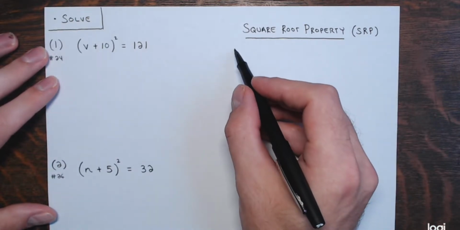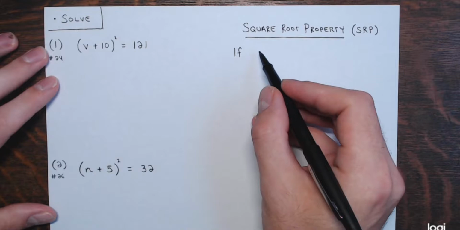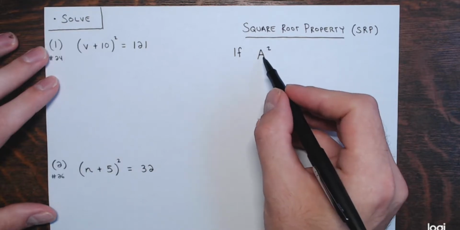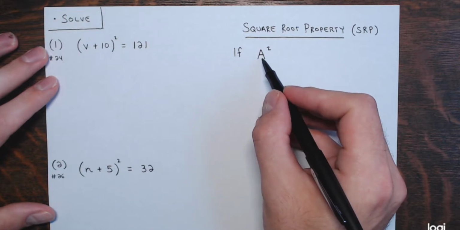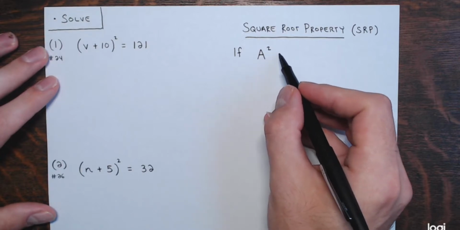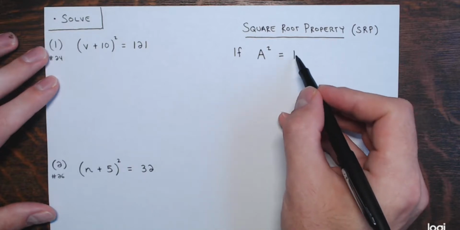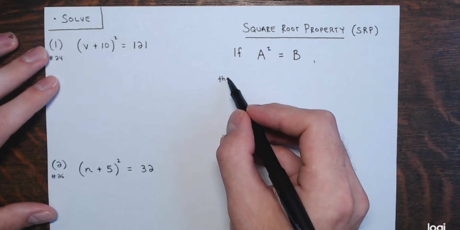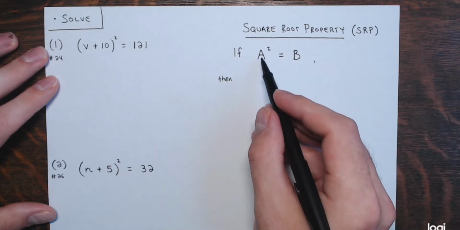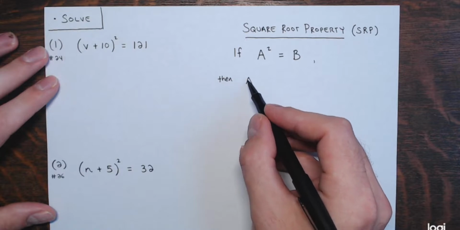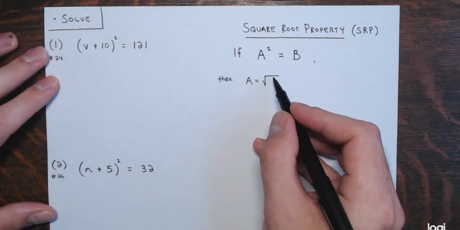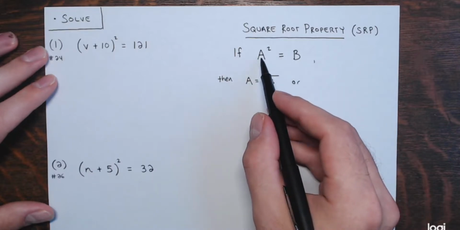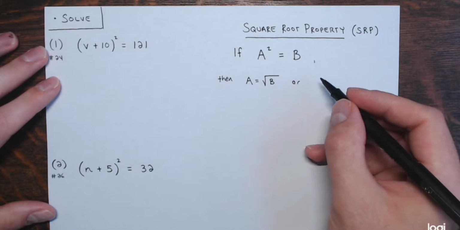Alright, so this states the following. If you have a square, a squared, where a is any expression, and a squared equals some number b, then a is either the square root of b, the principal, positive square root of b, or another thing you could square to get b would be the negative square root of b.